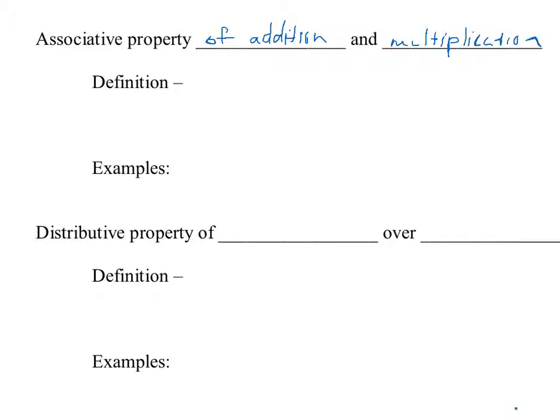Somebody with a definition for associative property. Again, this is one that they did not specifically give to us, but we should be able to use our prior knowledge and what was said in the video to create our own definition.